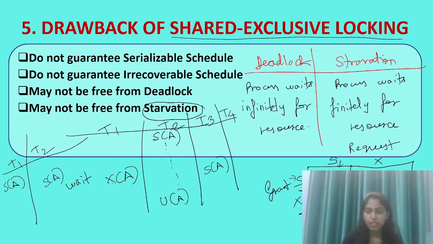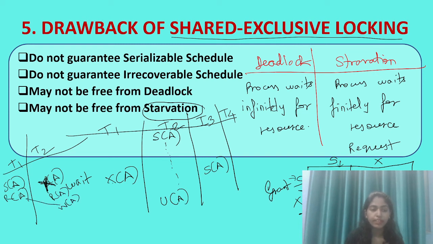So this is possible. Both transactions can have a shared lock on the same data item, that is A, at the same time. One transaction has a shared lock on A, and the other transaction wants the exclusive lock on data item A at the same time. It is not possible, because shared means you are only reading, but exclusive means you are reading and writing also.